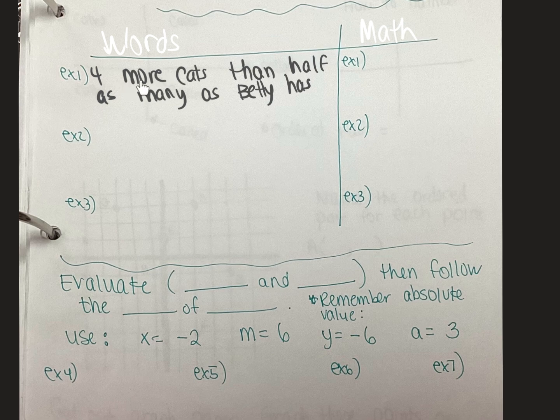We've got more and we've got half. 4 more cats than half as many as Betty has. 4 more, the 4 goes in the back. 4 more than half. Now I could write it as 1/2 X. I could also write it as X over 2. 4 more than half of whatever Betty has.